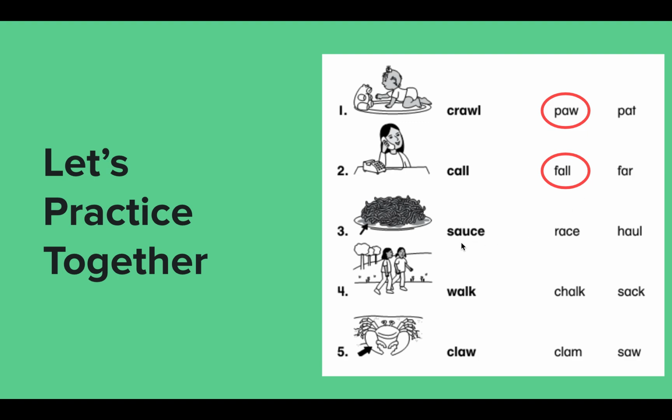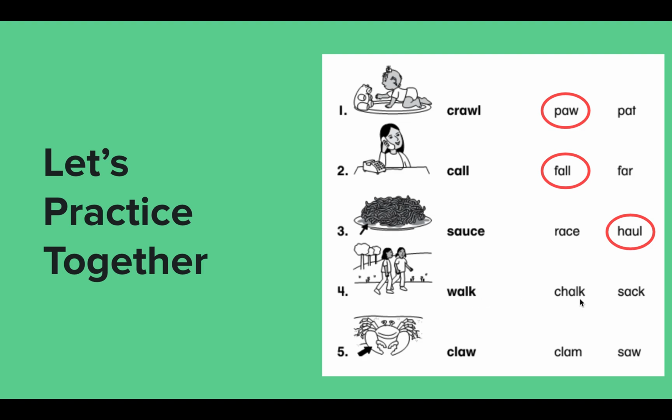Let's look at number 3. Sauce. Does race have the same sound or haul? That's right. Haul has the AU sound that sauce has. Number 4. Walk.